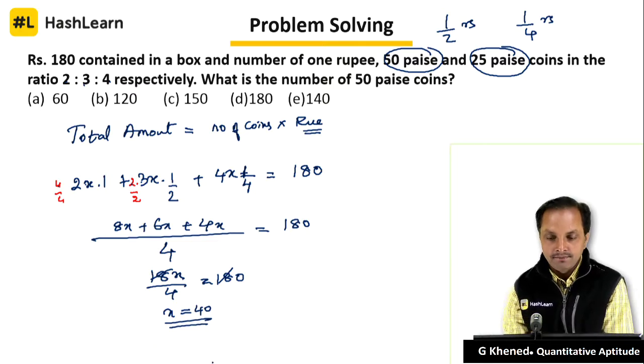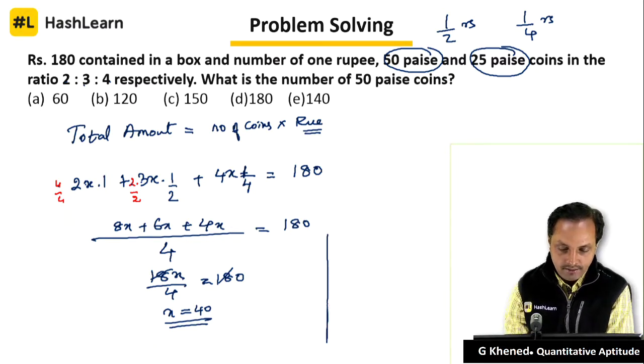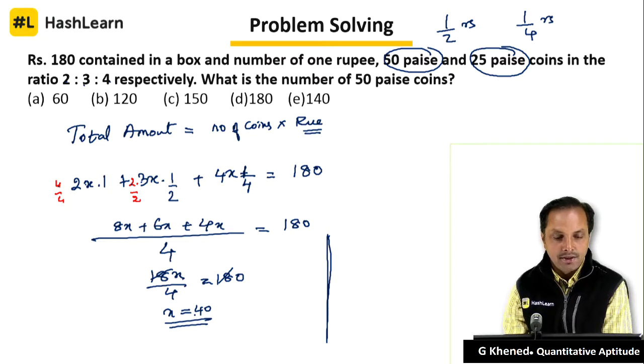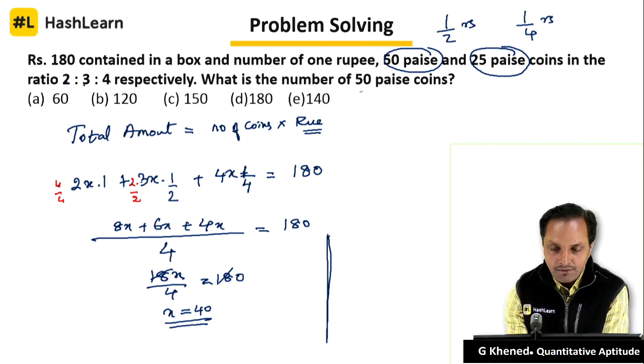The meaning here, the constant which is multiplied to the ratio is 40. So they are asking you for 50 paisa coins.